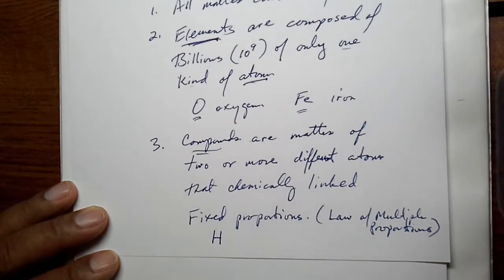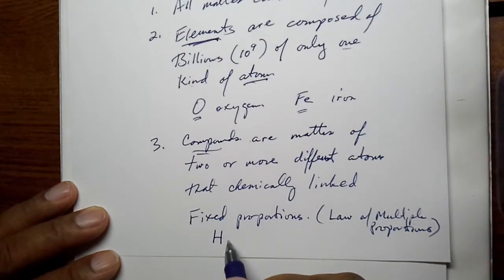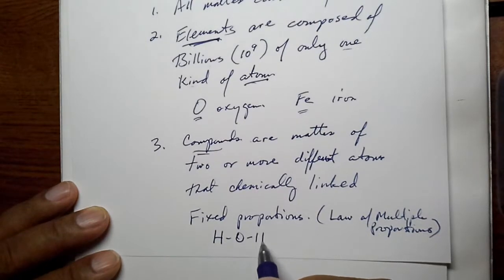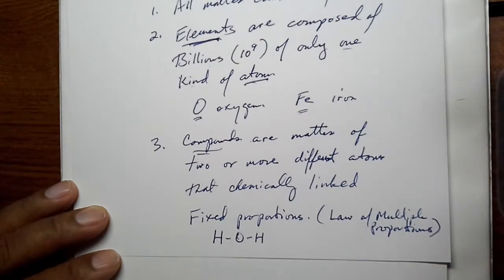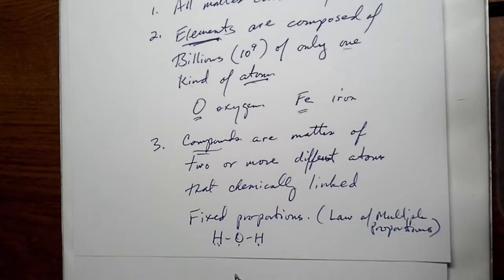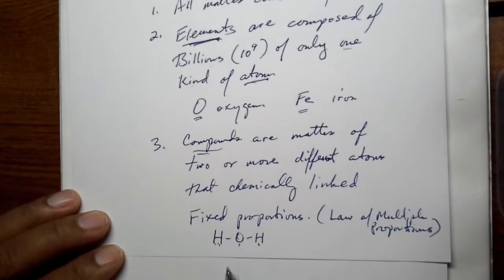Water consists of hydrogen and an oxygen and another hydrogen. Okay, there are 2 hydrogens and 1 oxygen element in water. And those atoms of hydrogen and oxygen combine in this ratio of 2 to 1.